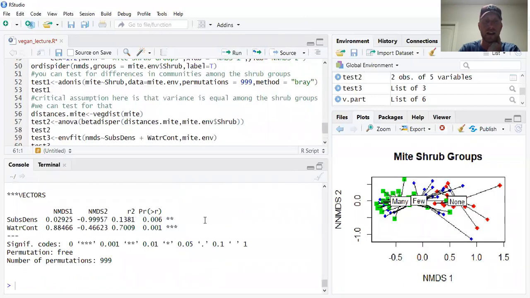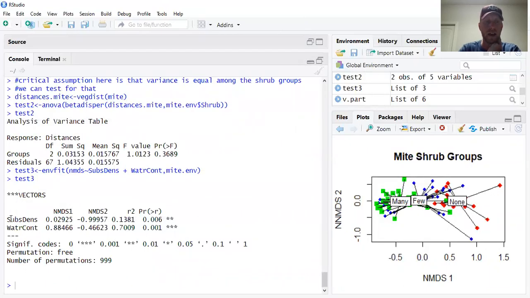And if we have a look at that, now we have these two environmental predictive variables. We have their coordinates along NMDS 1 and 2. We have a test of significance, so a test of a significant relationship between that environmental variable and the community structure.